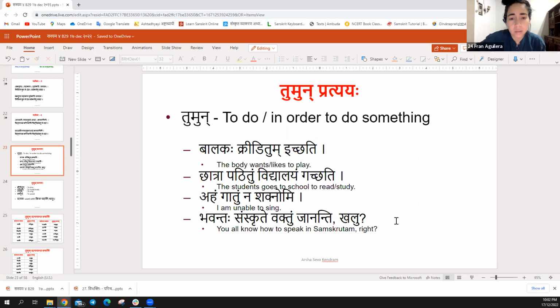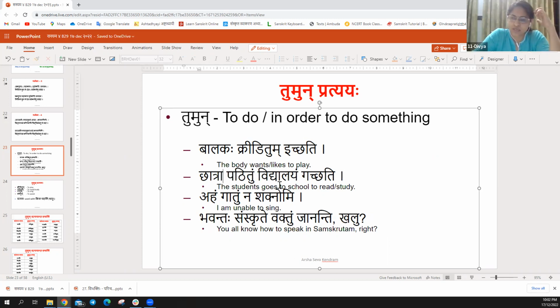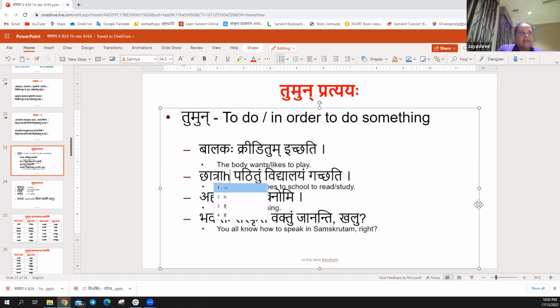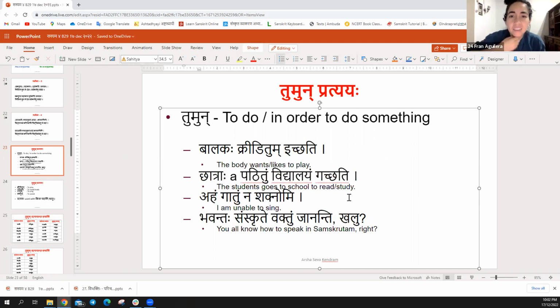Did you get it? The girl student, right? Because otherwise, students should be gachanti, right? Chhatra. Chhatraah. It should be Chhatraah. I thought the Visarga was gachanti. Lopa. Then it should be gachanti, right? Gachanti. Ah, yes.